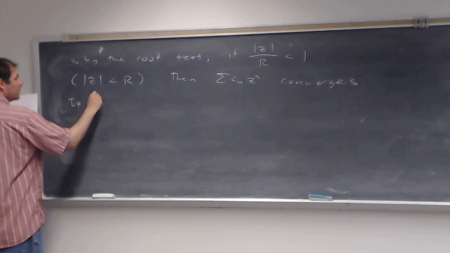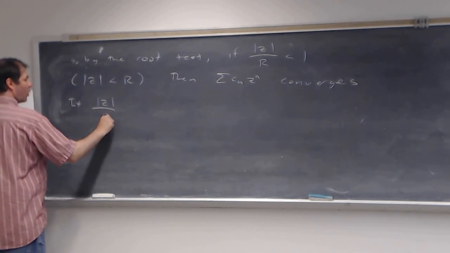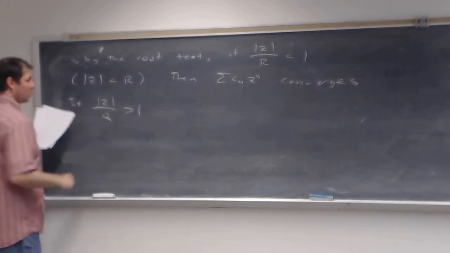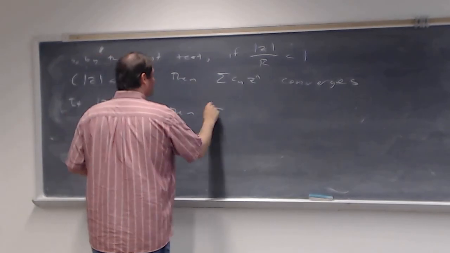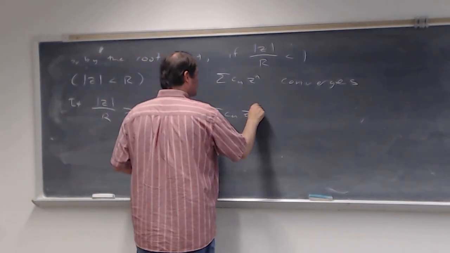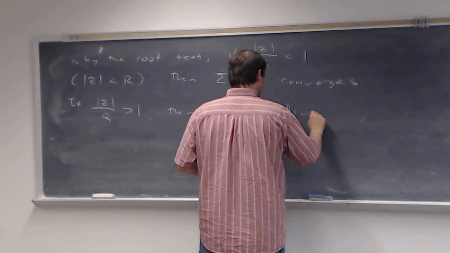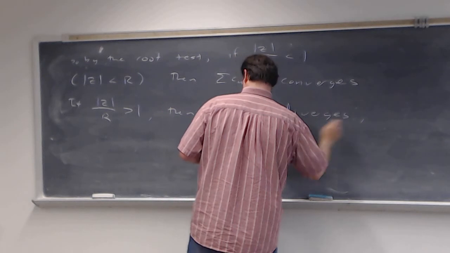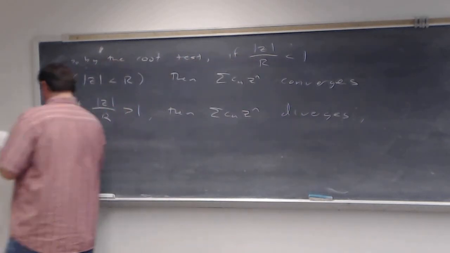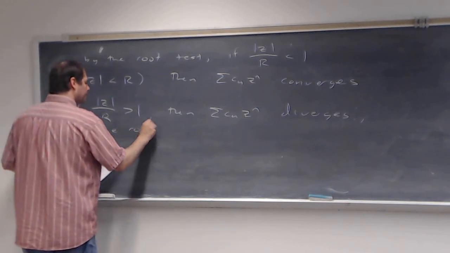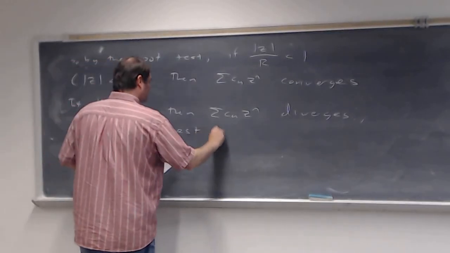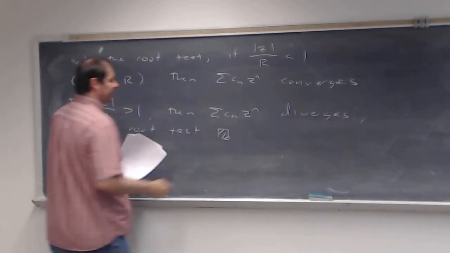If this norm of z over R is greater than 1, then this sum of the c sub n z to the n diverges. And that, of course, is by the root test. That's what the theorem said.